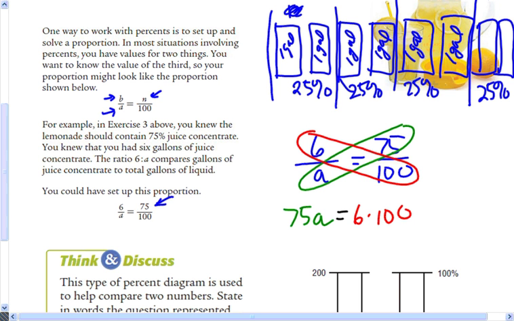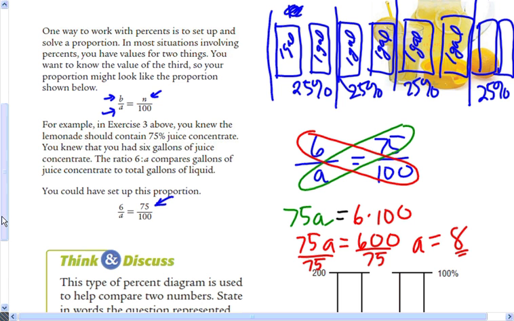Now I can simplify that. 75 times A is equal to 600. And I can finish solving this by dividing 600 by 75. And I get A equals 600 divided by 75 is 8. That's a quick way to use the properties of proportions to find an answer using the cross products.